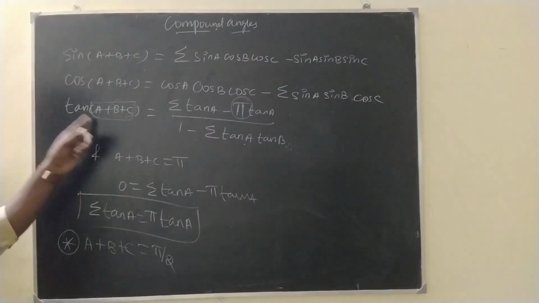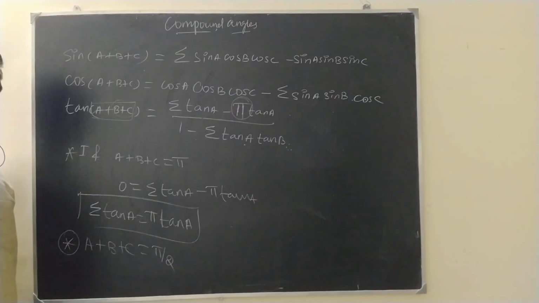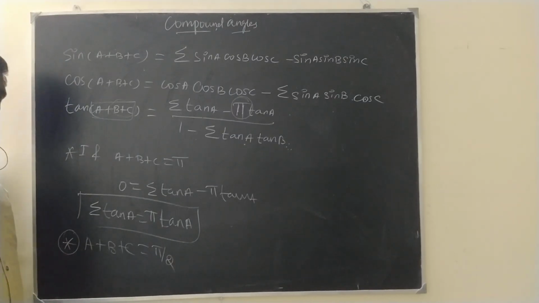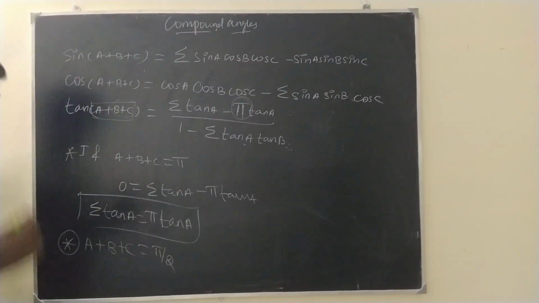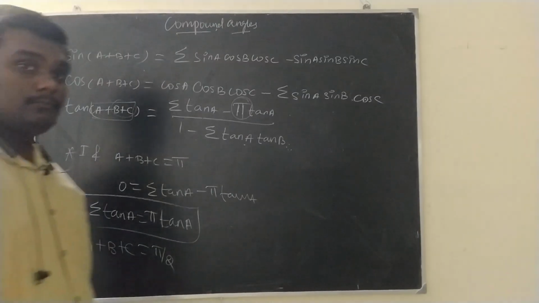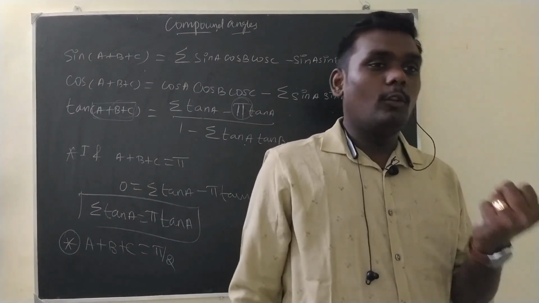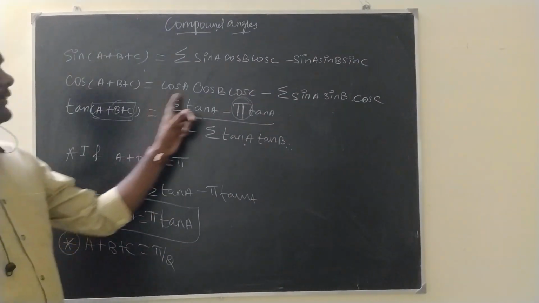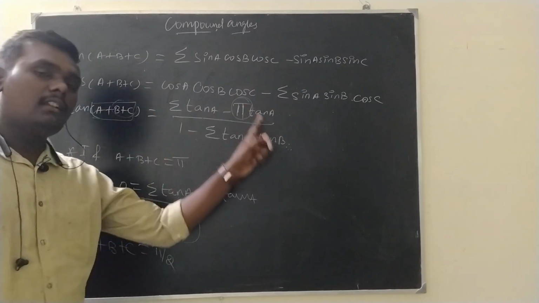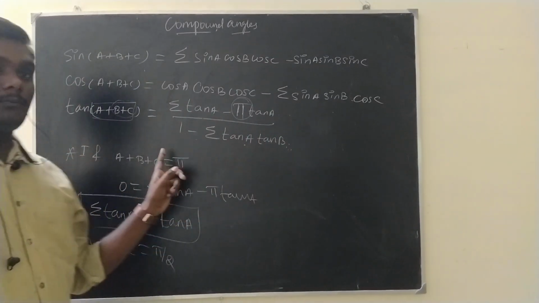What is tan 90 degree value here? Zero? Are you sure? Not defined. When will a fraction go undefined? Only if the denominator is 0.